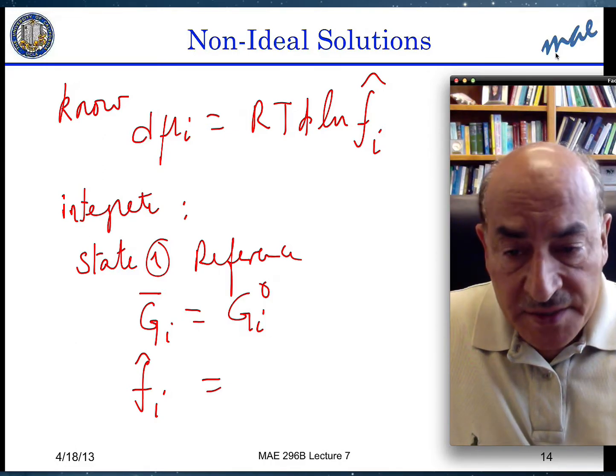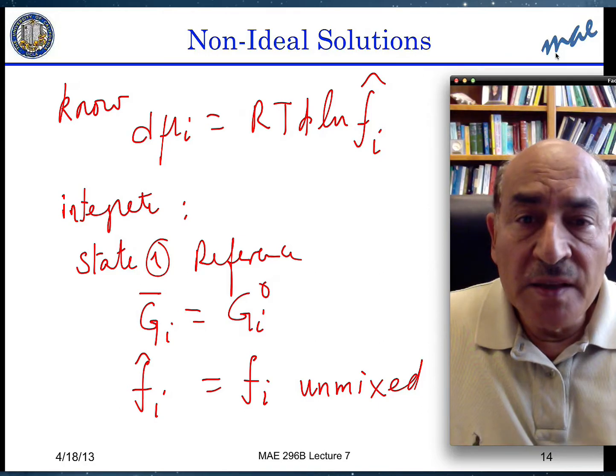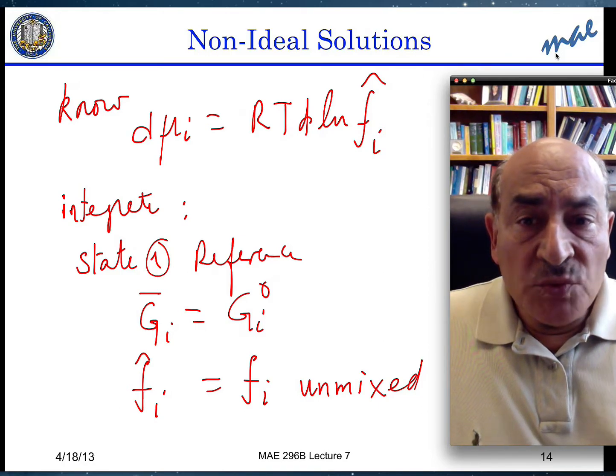It will be unmixed, so it will be fi. So this is the unmixed reference state. So this is state 1.